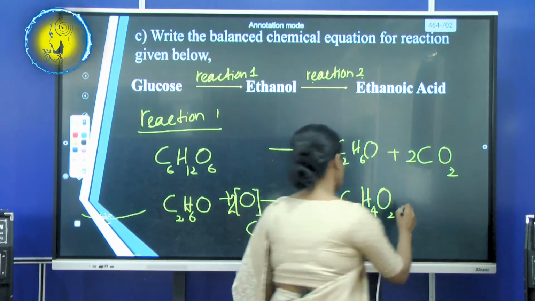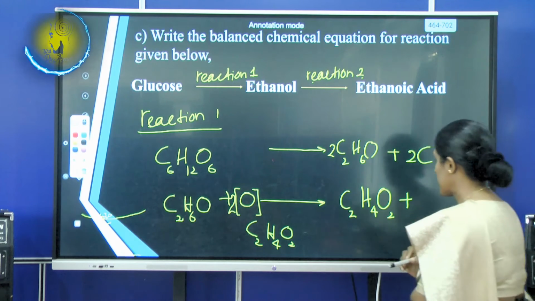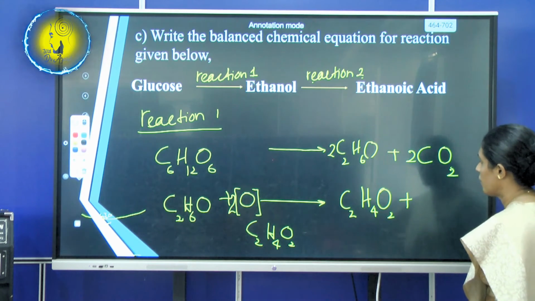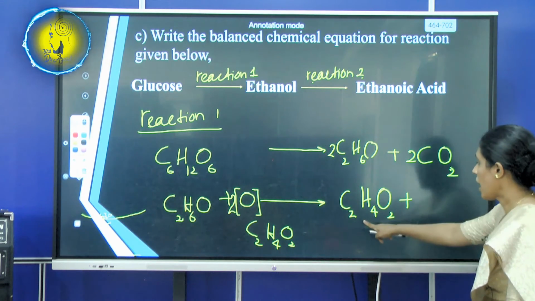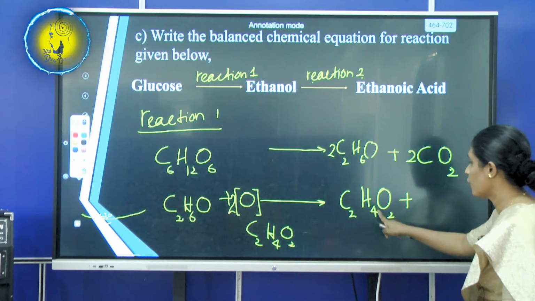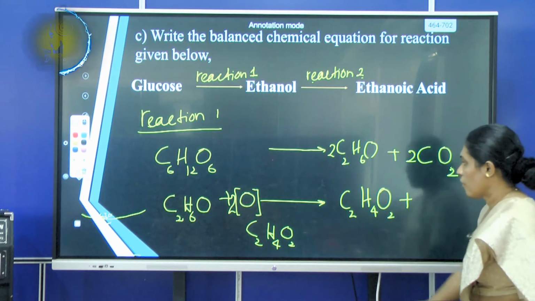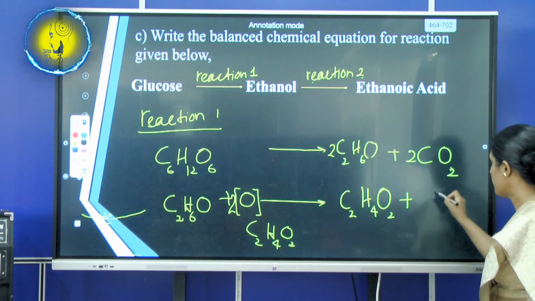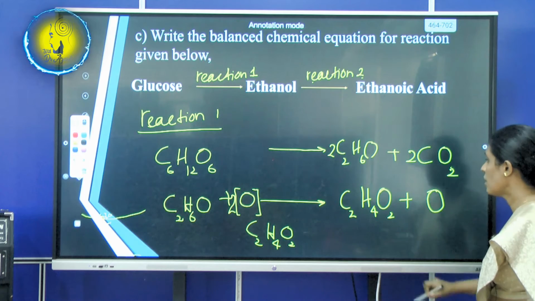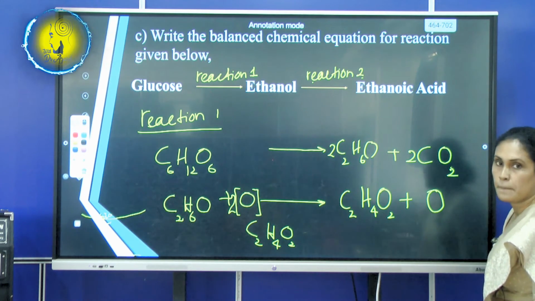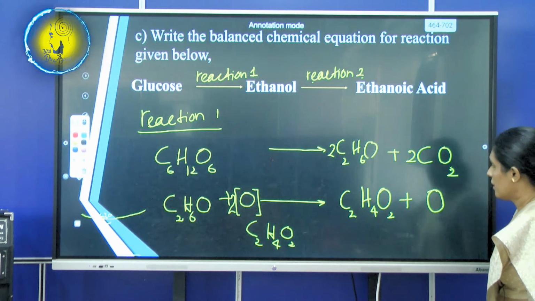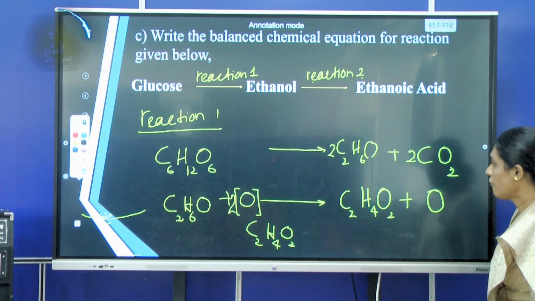Then what is extra here? Now we have carbon 2, hydrogen 4, they are hydrogen 6. Oxygen 3. Then what will happen? Oxygen is not balanced. What are we going to do now?